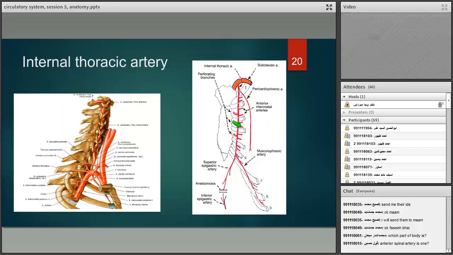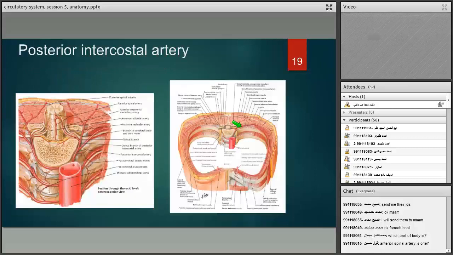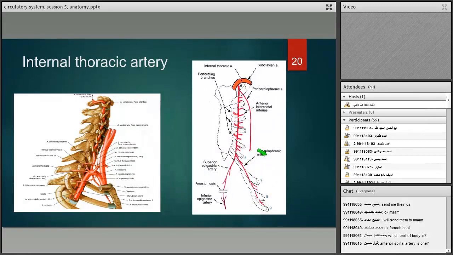They are making a circle around the chest. Look at here. This is the internal thoracic artery and these are the anterior intercostal arteries. They are making a circle around the chest, a blood circle.